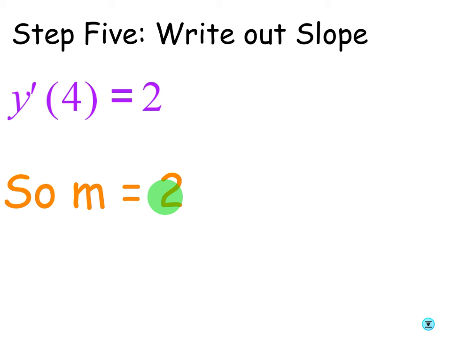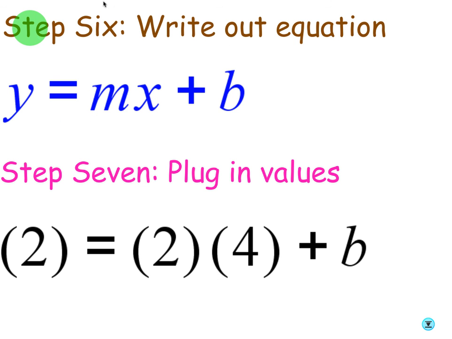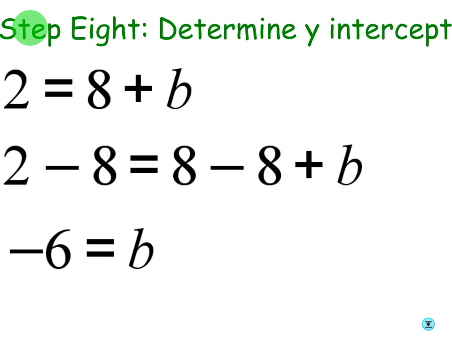You're still solving for b like with secant line. So I'm plugging in 2 for y, which is my y value I figured out, plugging in 2 for m, that's the slope we just found, 4 for x. So we get 2 equals 2 times 4 plus b. So you're going to get what? 2 equals 8 plus b. Then you're going to subtract 8 from both sides, and you get b equals negative 6.